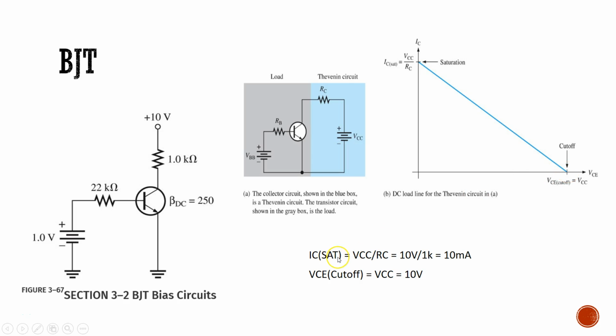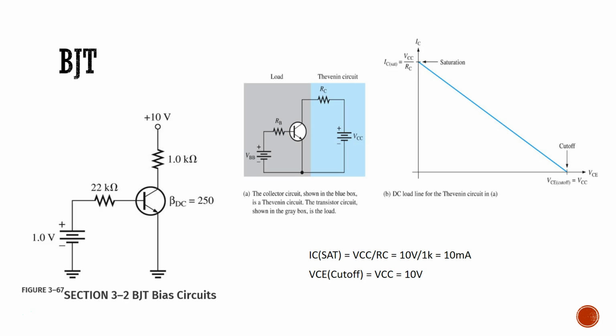So IC sat, or the saturation current, is how much current will be going through the collector when we're fully conducting. And we use VCC over RC to determine that. 10 volts over 1k, that would be 10 milliamps.